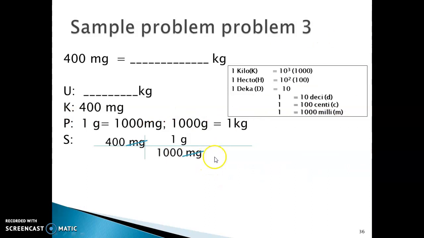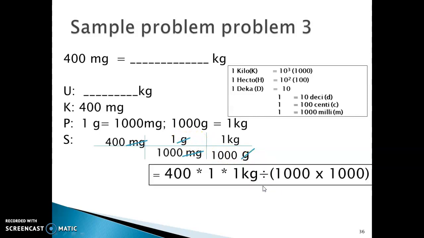So we'll continue on, and this time we're going to go from grams to kilograms. So grams on the bottom of the next conversion factor. There's 1,000 grams in 1 kilogram, and that will get us where we want to go and cancel out grams.